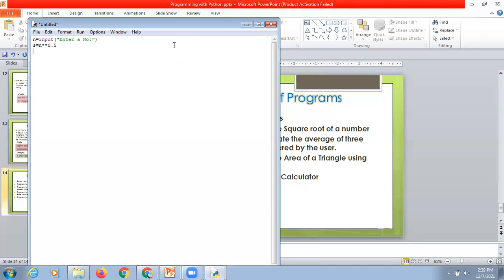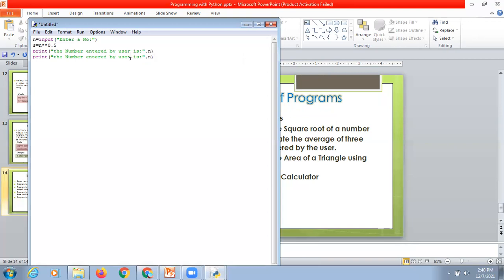So now let's check. Print the number entered by user is n. Let's print the number first, then we will print the square root also. Control C, I'm going to paste it.